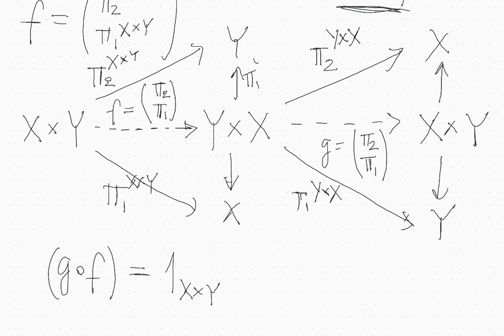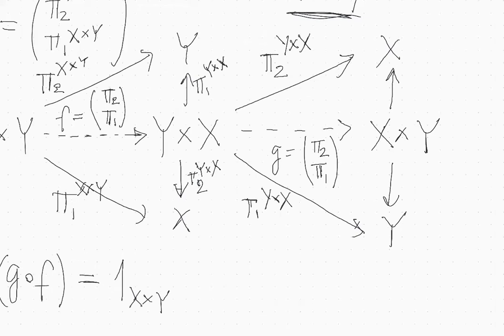And the other one is pi 2 of y cross x. And on the other side, I've got here pi 1 of x cross y, and here I've got pi 2 of x cross y.